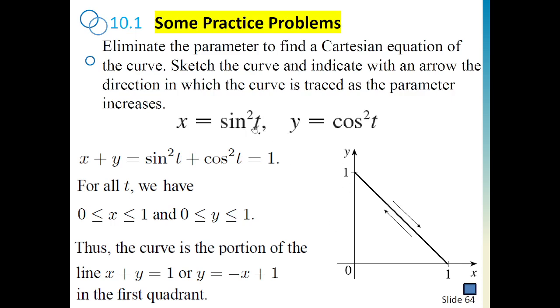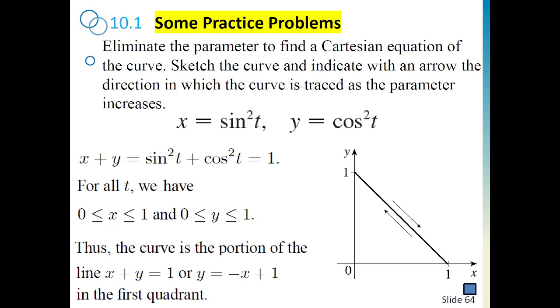So at t equals 0, x is 0 and y is 1. So we are here, and then as t increases we go down and then we go back up. So essentially this is the part of the curve y equal 1 minus x that we are interested in, because that's the only part that is represented by these parametric equations here.